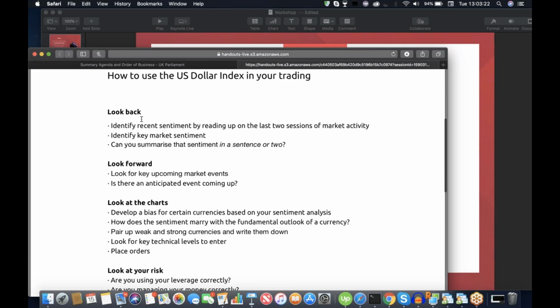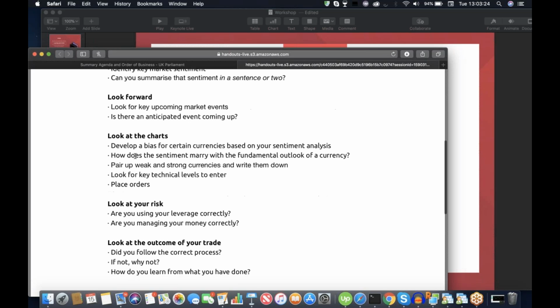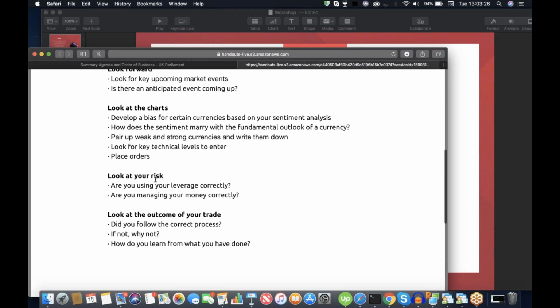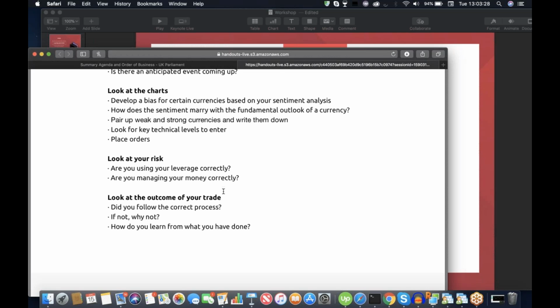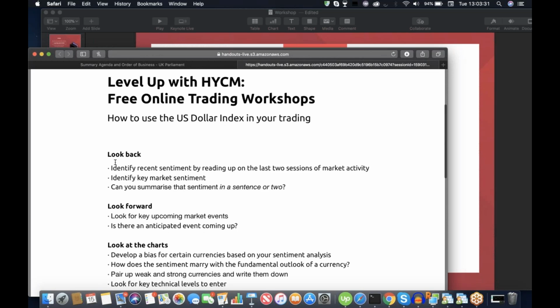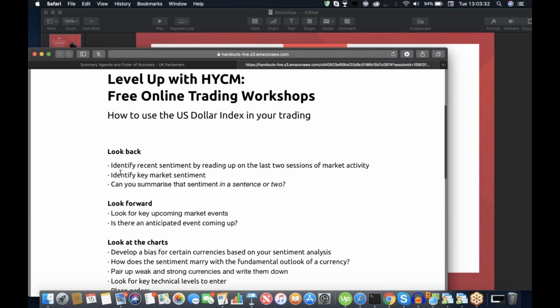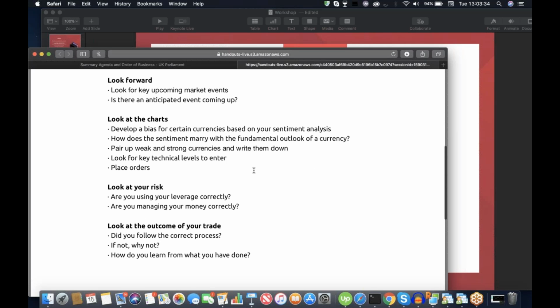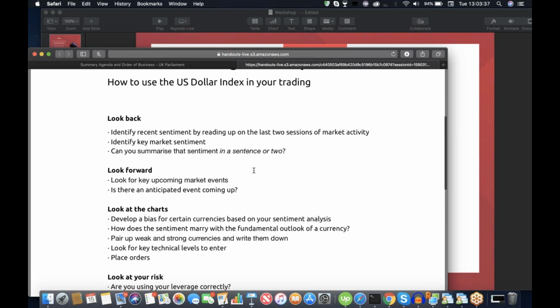We're going to be looking back, looking forward, looking at the charts, looking at risk, and looking at the outcome of your trade. The reason I've chosen these five items is that these are five good background ideas for you to have in your mind every time you look at the market.